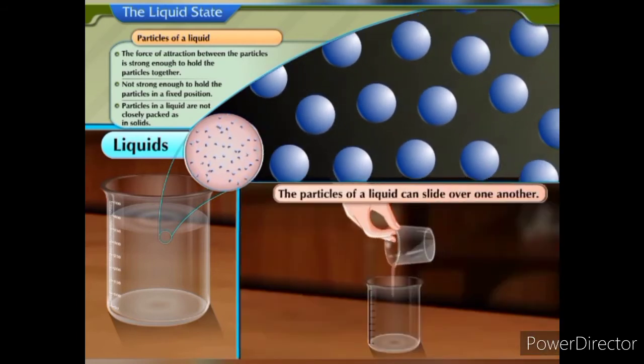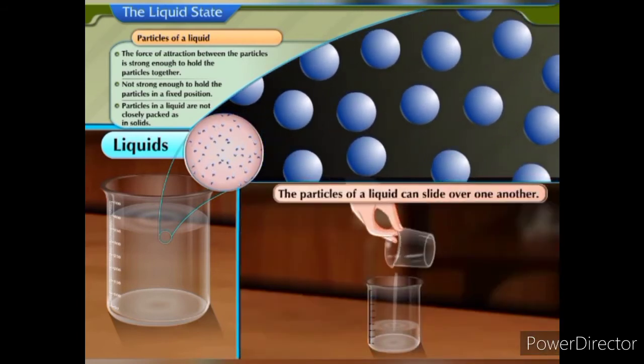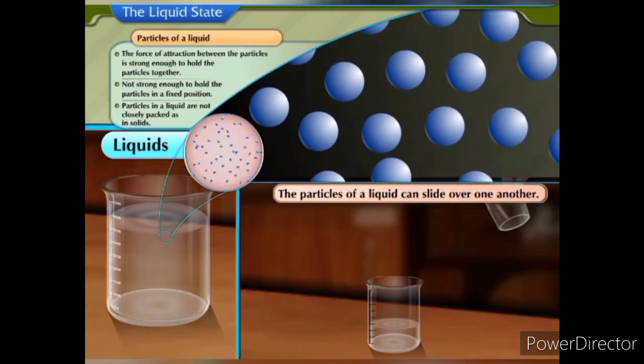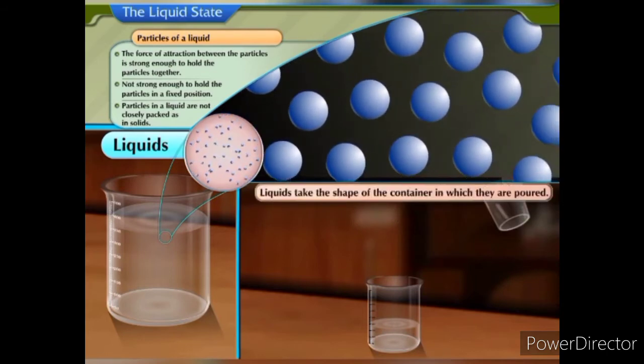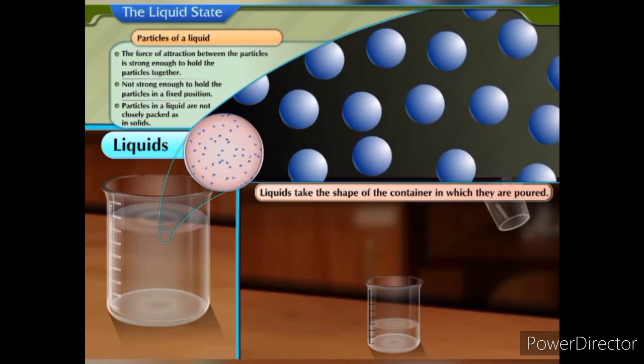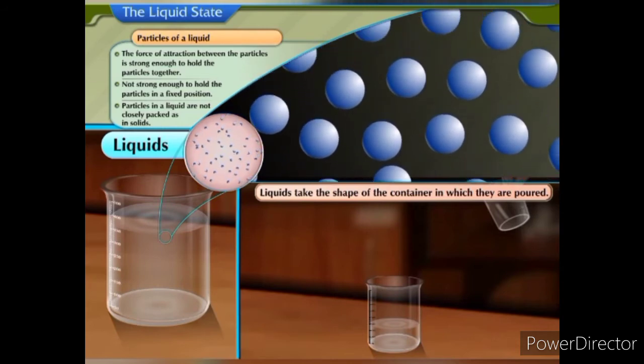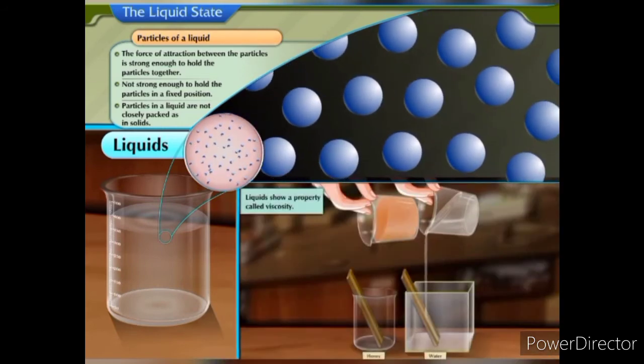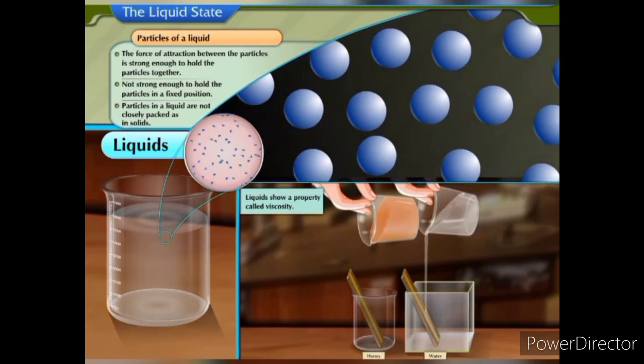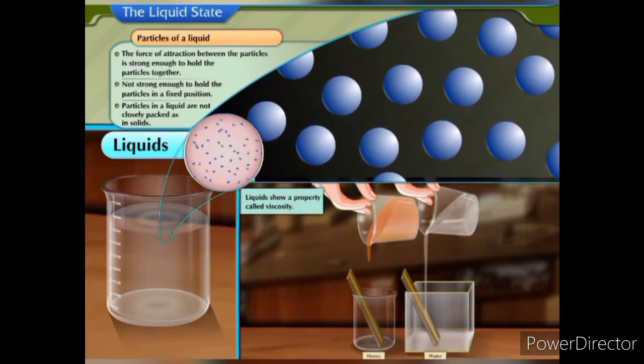The particles of a liquid can slide over one another. Therefore, liquids take the shape of the container in which they are poured. Liquids show a property called viscosity.